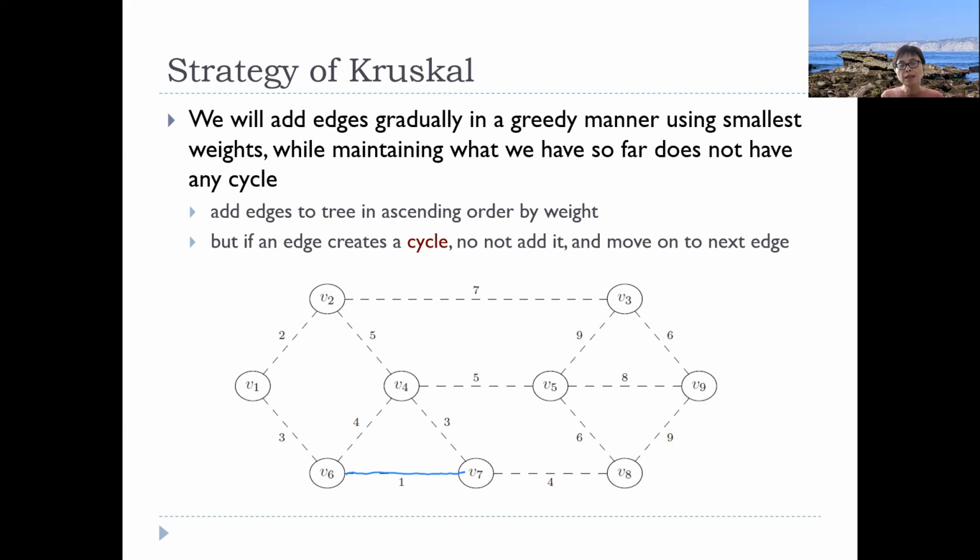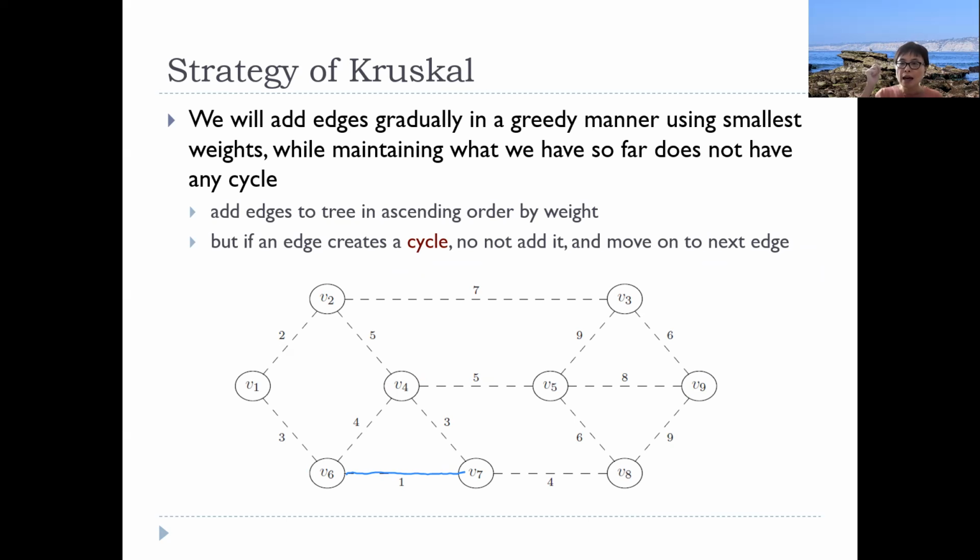Okay, so this gives me an idea. Maybe the way that I'm going to create this minimal spanning tree is that I'm going to inspect all the edges in ascending order, from small to large weights. I always try to first add the smallest weight possible.